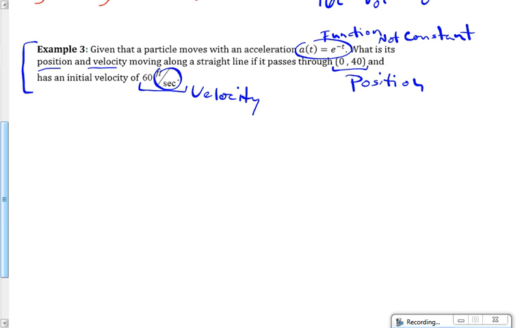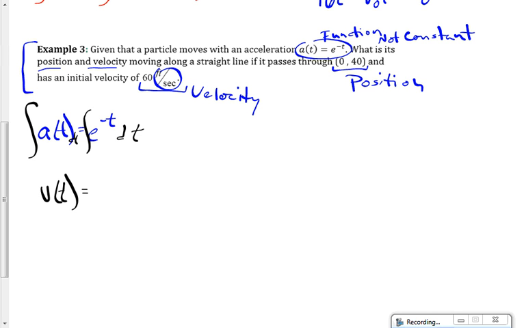So, if I have A of t, how do I get to V of t? Integrate with respect to time. I'm only going to use one constant of integration, but you see why there could be two, right? This is going to be V of t on the left.